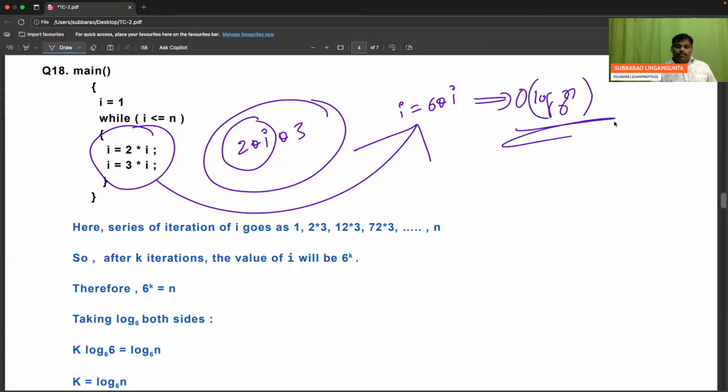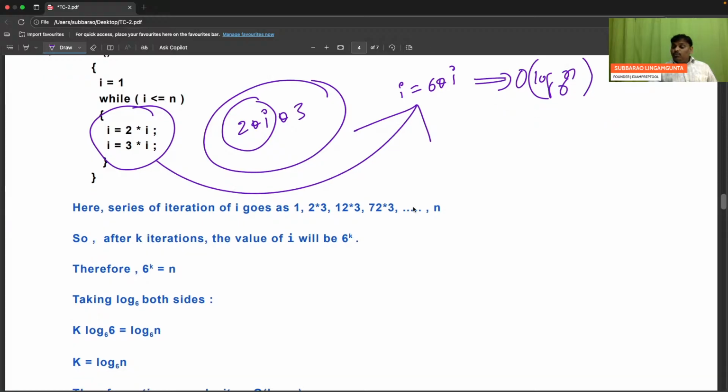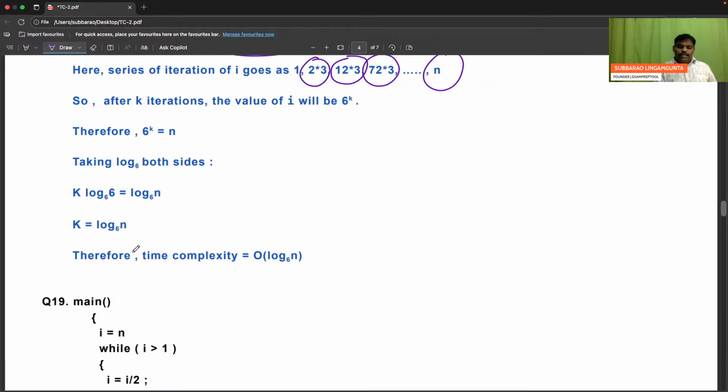If you observe clearly, you will get powers of 6: 6 power 1, then 6 squared, 6 cubed, finally 6 power k is equal to n. k became log n base 6. Excellent. Till now we have done 18 problems.